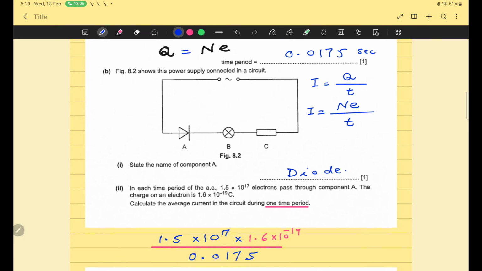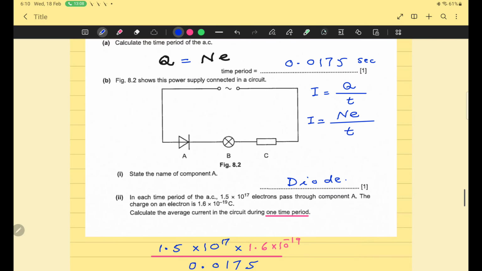It is 0.0175. Okay, Ayan? So Ayan, I think you know the current formula is charge upon time, and charge is equal to number of electrons into E. Number of electrons, we are given 1.5 exponent 17 electrons. And the charge of each electron is 1.6 exponent minus 19.